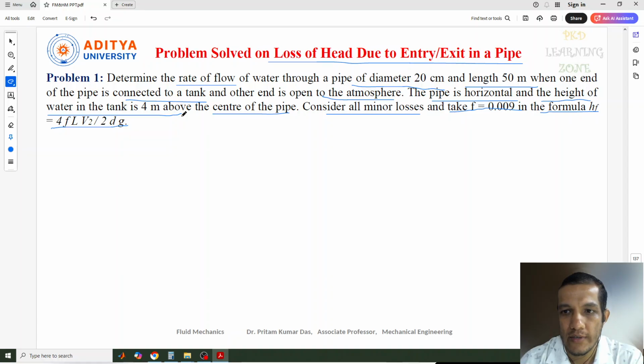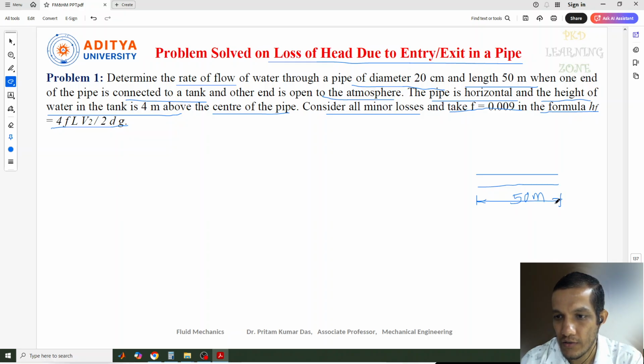So for that, first let's try to draw a diagram. A normal pipe is given. Suppose this is the pipe, and whose length is given already, 50 meter. So from here to here it is 50 meter, and the diameter is also given, 20 centimeter.